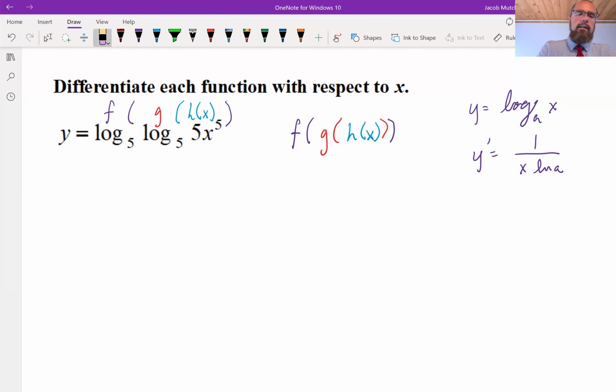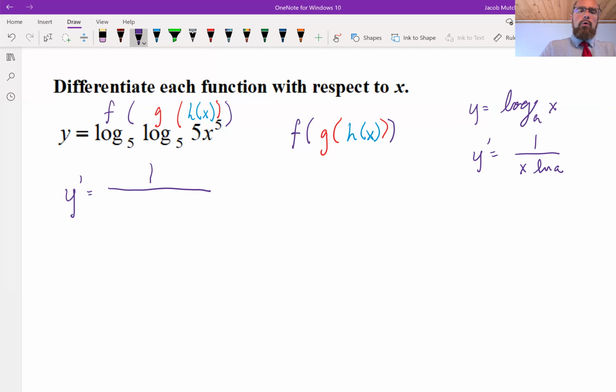So that kind of gives you an idea about how we're arranging the derivative here. So we'll start with that outer function. We're going to take the derivative of log base 5 of, really we'll consider that as one thing, log base 5 of 5x to the power of 5. As we begin, the derivative of y is going to be equivalent to 1 over, so I'm just using my rule here.